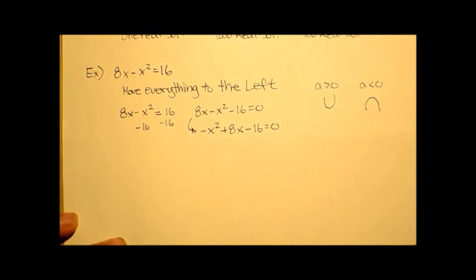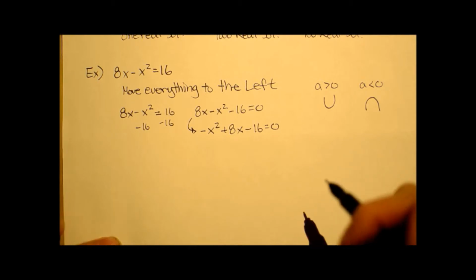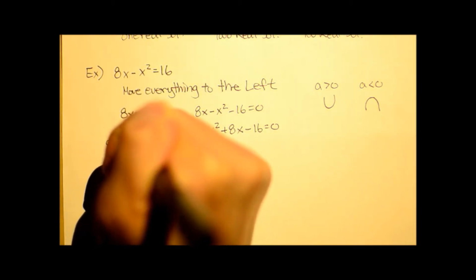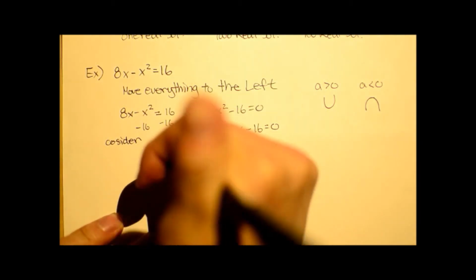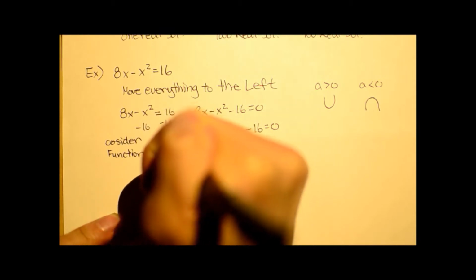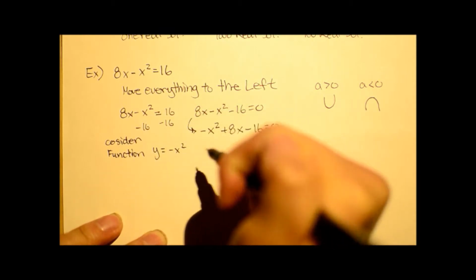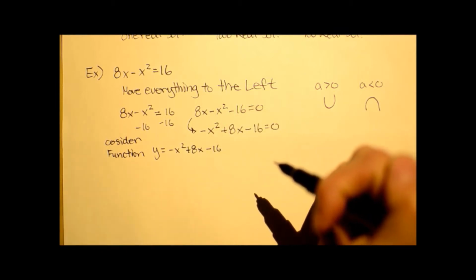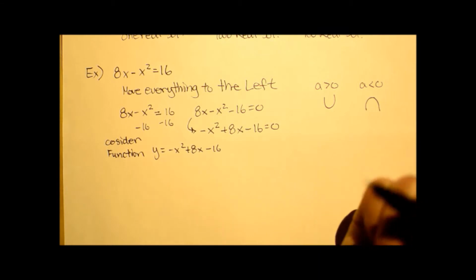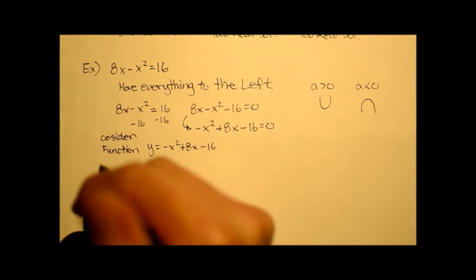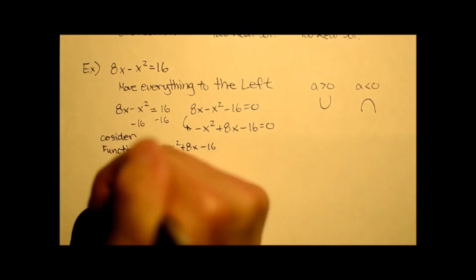So when we graph this function, we must consider the function y is equal to negative x squared plus 8x minus 16. Because that's the only way you can find all the points to graph. So let us consider the vertex.